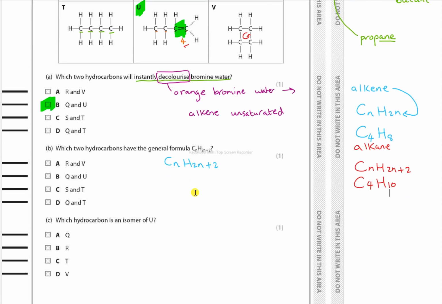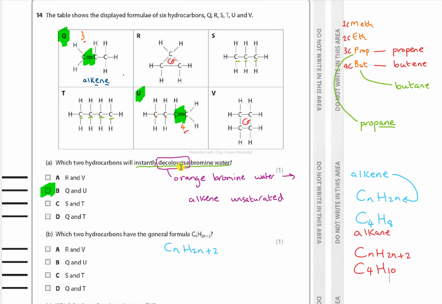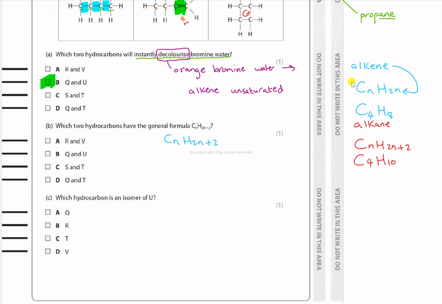So, which two were the alkanes? It was this one, single carbon to carbon bond, and single, single, single. So it's S and T. Which is S and T, that one.